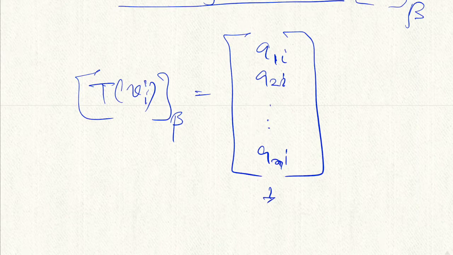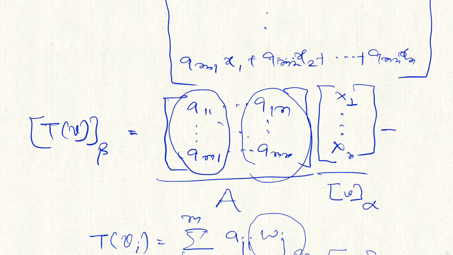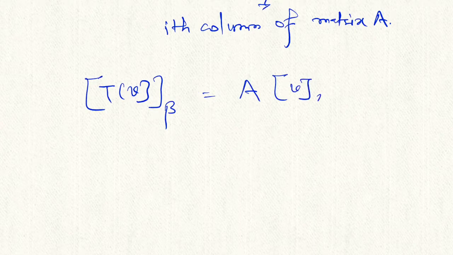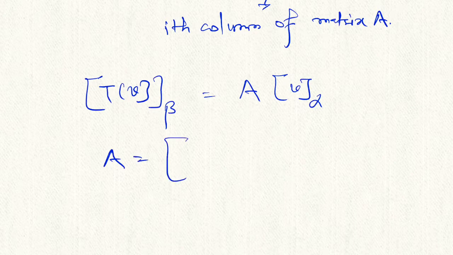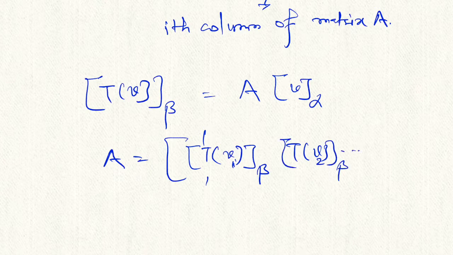So what is this vector? This is the ith column of matrix A, and by putting this in this equation we get [T(v)] with respect to beta equal to A [v] with respect to alpha, where A is given by its columns: [T(v1)] with respect to beta, [T(v2)] with respect to beta, ..., [T(vn)] with respect to beta.